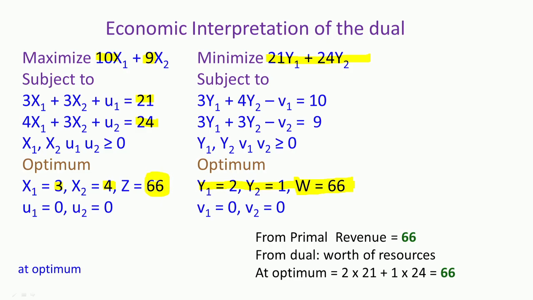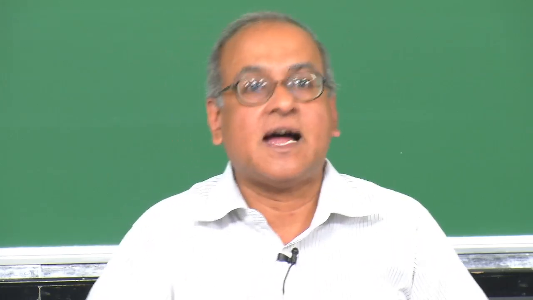So, the first understanding is, if 21 into something plus 24 into something is equal to 66, then y1 and y2 have something to do with the resources, and we now say that the worth of the resources is 66 at the optimum.